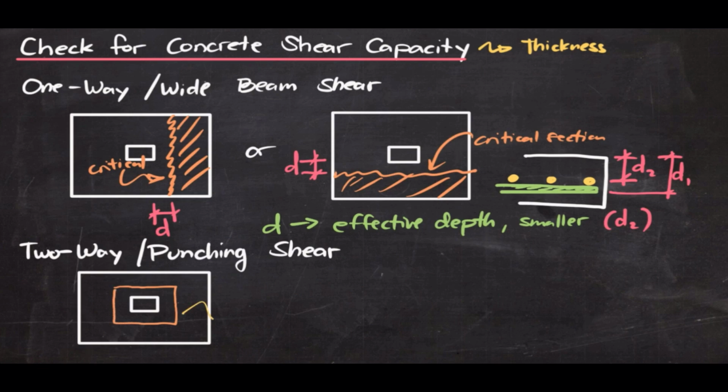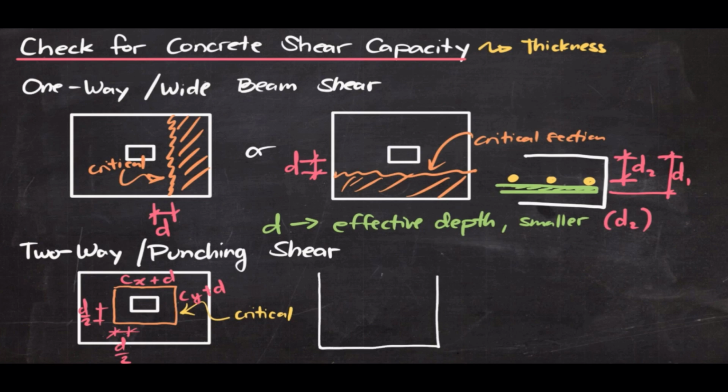This is now the critical section. And its dimensions would be at a distance d over 2 around the column. Or in other words, this length would be c sub x plus d, and the other one would be c sub y plus d. Cx and cy are the column dimensions.